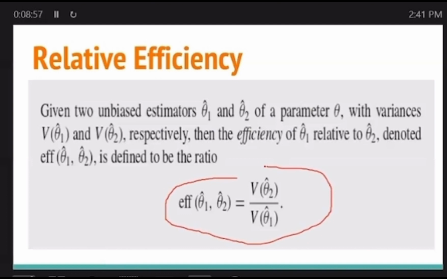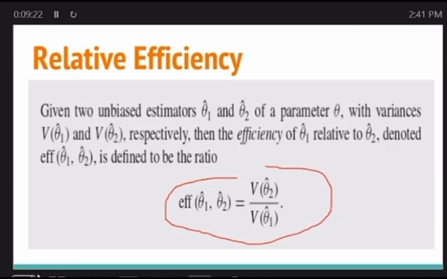It could be equal to one. When the ratio is equal to one, they are equally efficient, which means the two variances are equal. Does that make sense? But what if the ratio is greater than one?